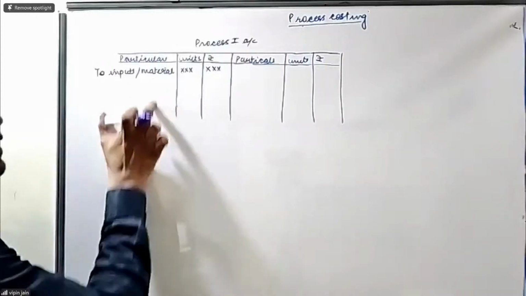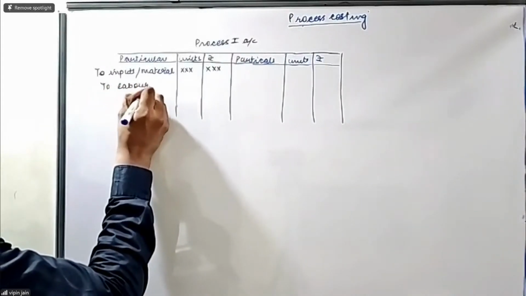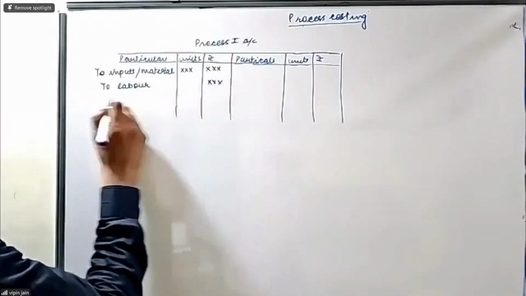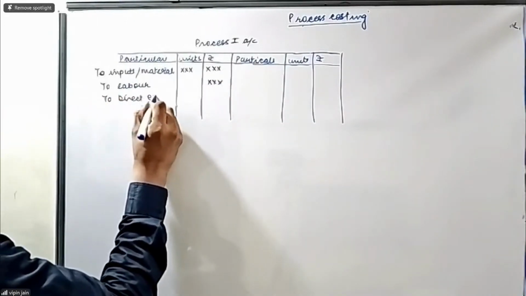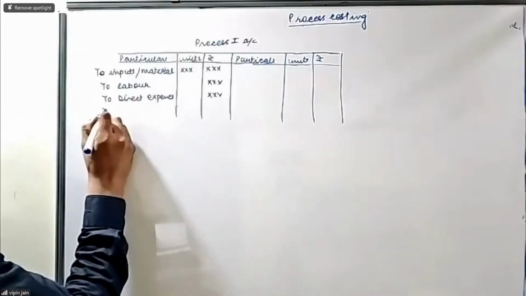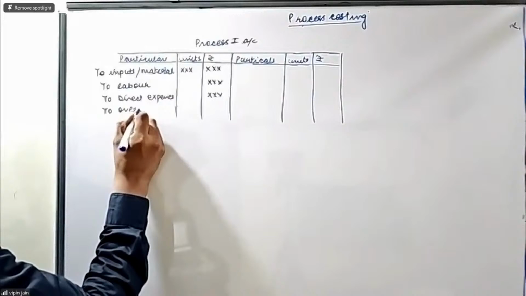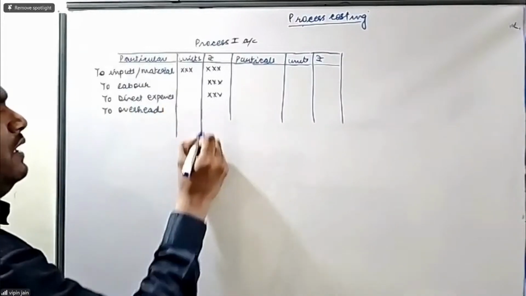Thereafter, we'll record all the cost of conversion, be it labor, be it direct expenses, be it overheads. Whatever it is, the information will be given in the question clearly.